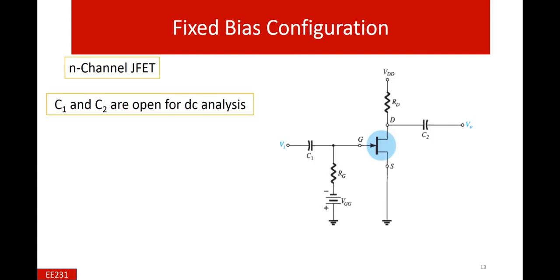So the first one is the fixed bias configuration, and symbolically it shows that this is the N channel JFET. Because we are talking about the DC analysis, capacitors C1 and C2 are open for DC analysis.